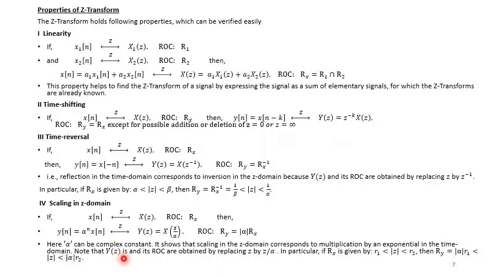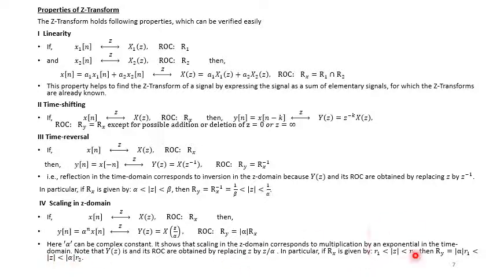Also, y of z and its ROC are obtained by replacing z by z by a. In particular, if R of x is given by this value, that is z absolute is greater than r1 and less than r2, then the scaled signal will have ROC represented by R of y, and it will be equal to z absolute greater than absolute a times r1 and less than absolute a times r2, right?